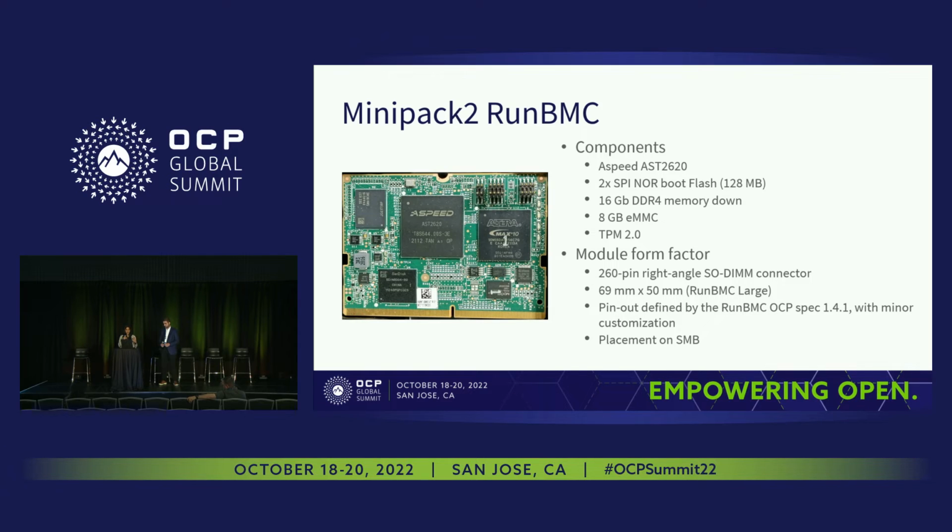So all of our Minipack 2 hardware and design collateral has been submitted to OCP, and the RunBMC design collateral is included as part of that. If you're interested in checking out the design information and more details, please feel free to look that up.